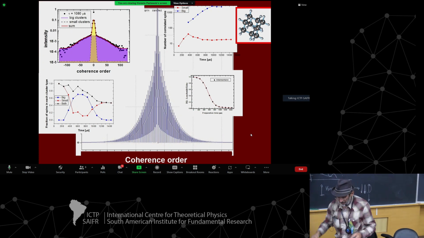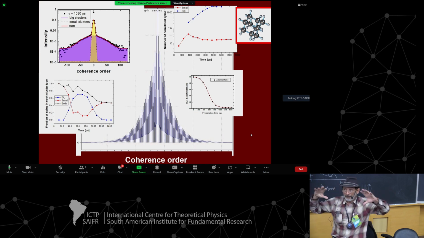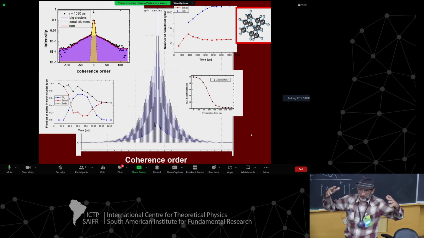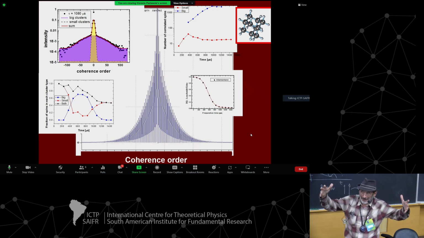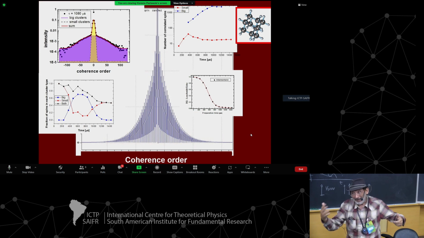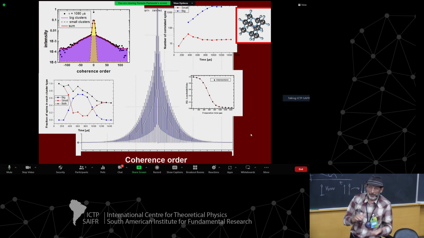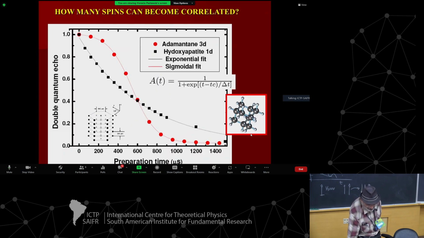This saturation that you see here is because we also study the decoherence: the more complex the state, the faster the decoherence, which is consistent with the experiment. The maximum number of correlated spins we were able to reach was about 10,000.